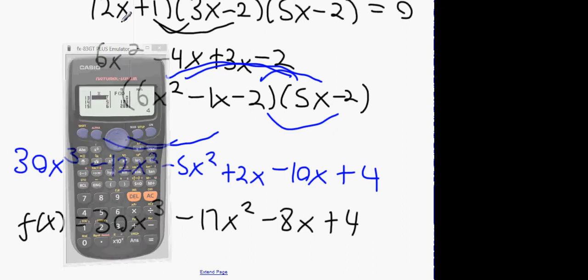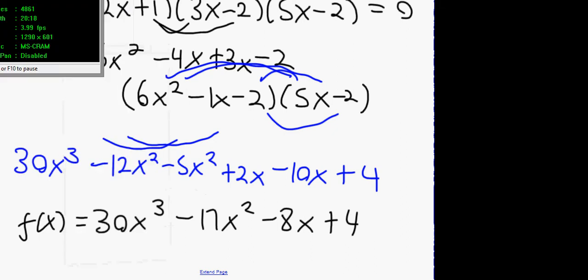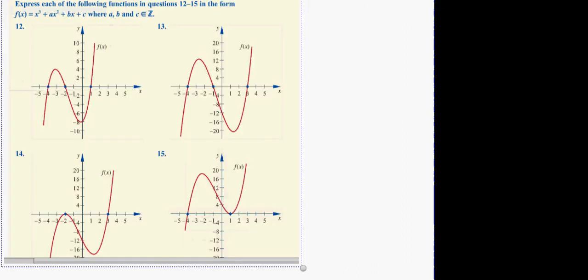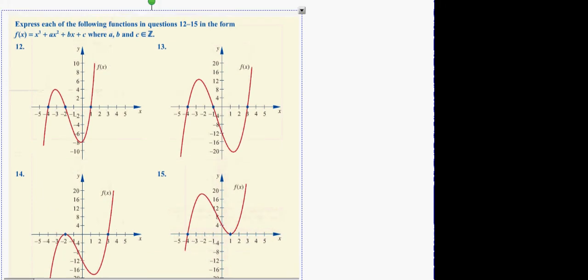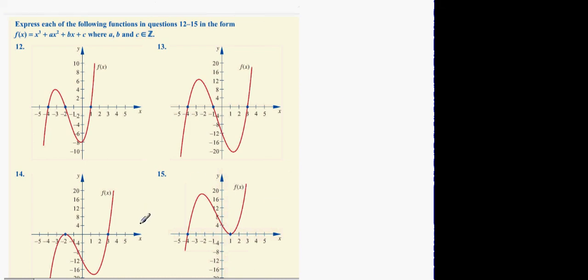These ones are questions 12 to 15, okay? Express each of the following functions 12 to 15 in the form of a cubic. I'm going to do question 14. You need to find out where it crosses the x-axis.